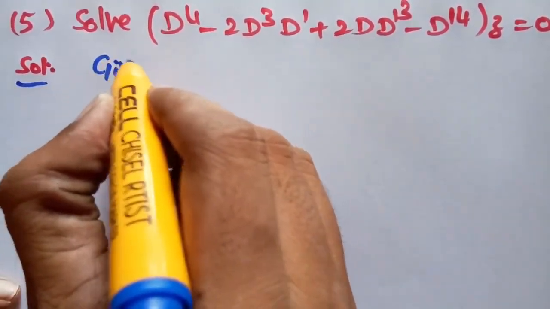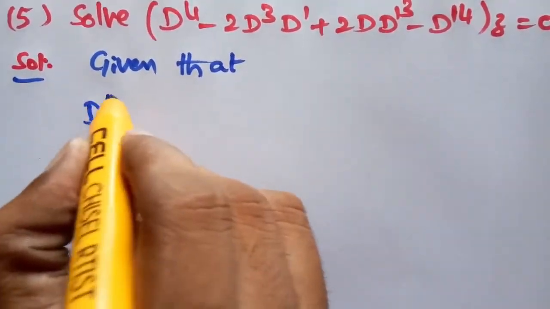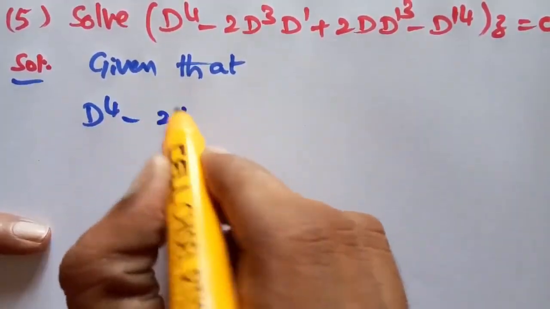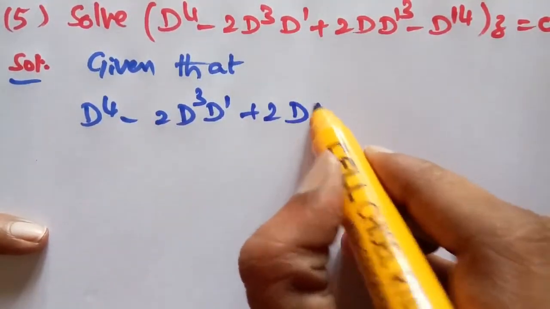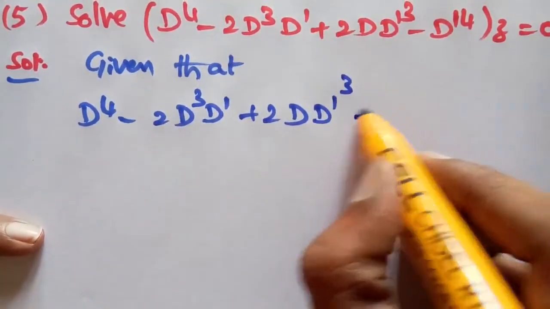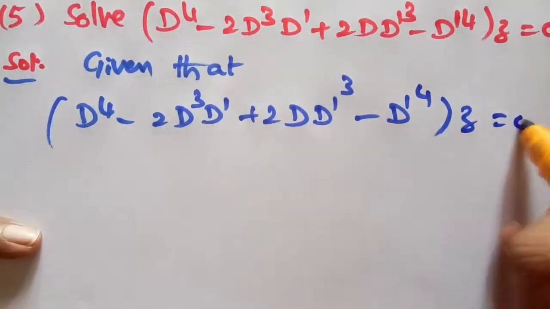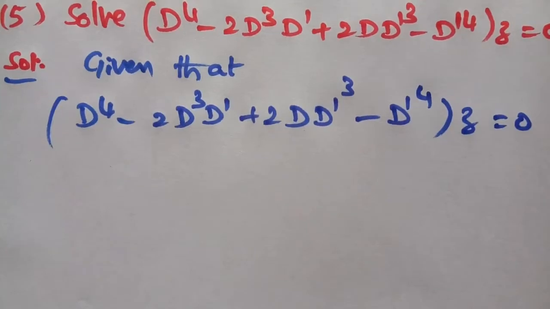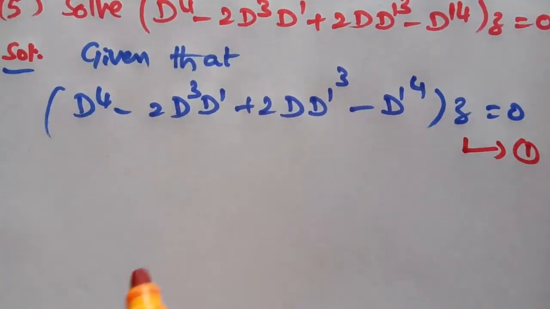Given that (D power 4 minus 2D cube D dash plus 2D D dash cube minus D dash power 4) into z equal to 0. Say this is equation number 1.